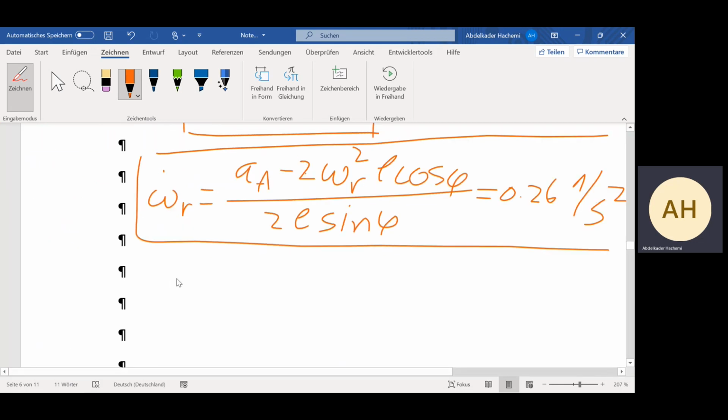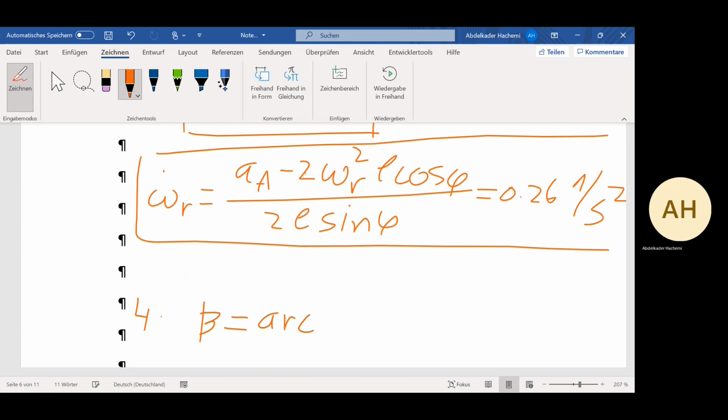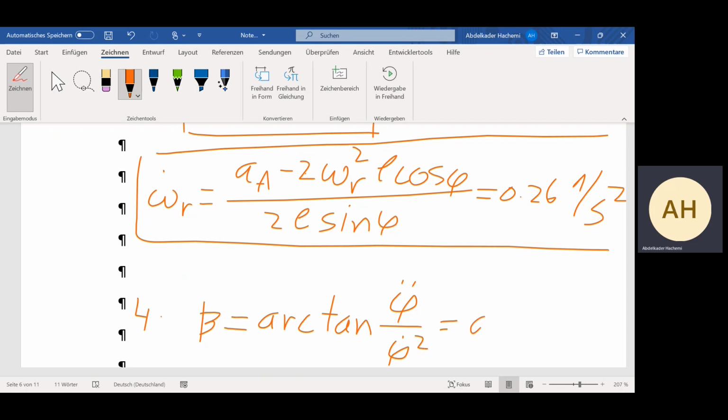Fourth question: beta is always defined by arc tangent of phi double dot divided by phi dot square, or we write it also by arc tangent of omega dot divided by omega square.